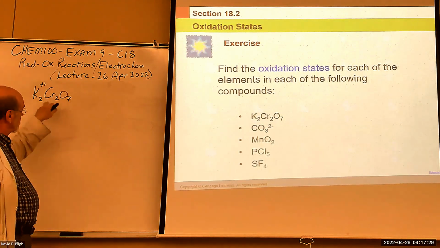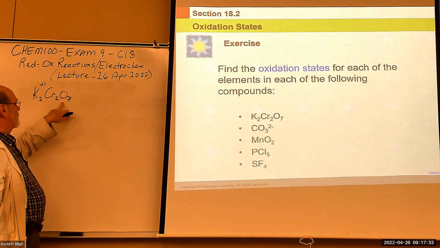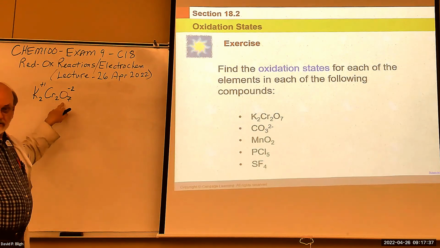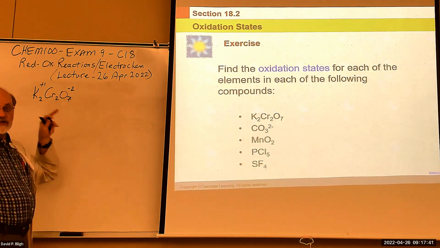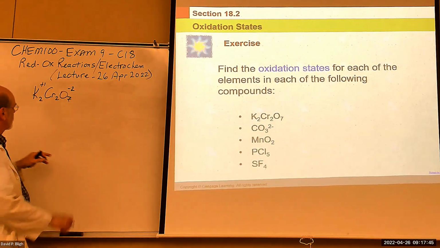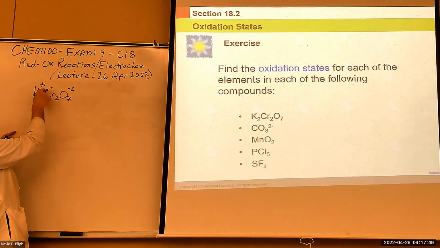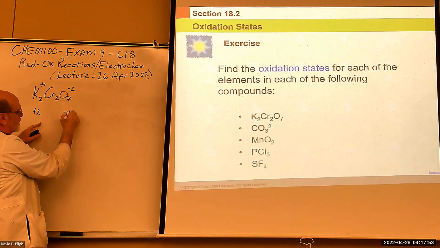Oxygen is -2. Right? It's not a peroxide, so it's a -2. Then we can deduce the chromium oxidation state. So this one is +2 total, 2 times +1. 7 times -2 is -14.